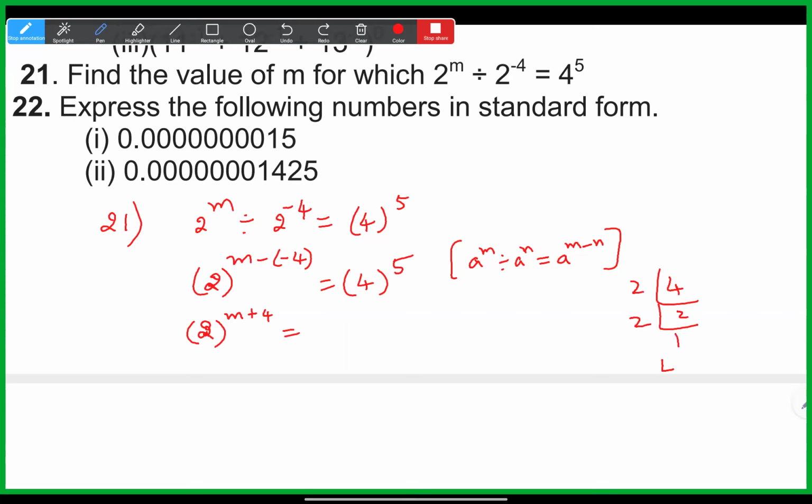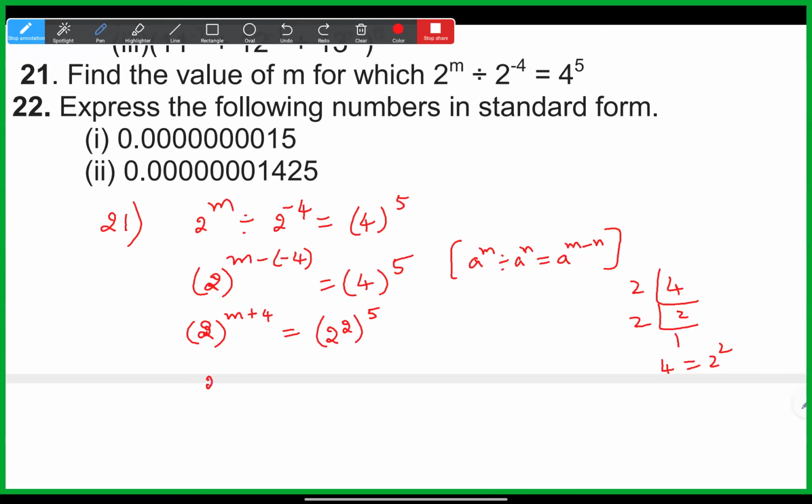So 4 is equal to 2 square. So can I write it as 2 square, whole power? Yes, sir.